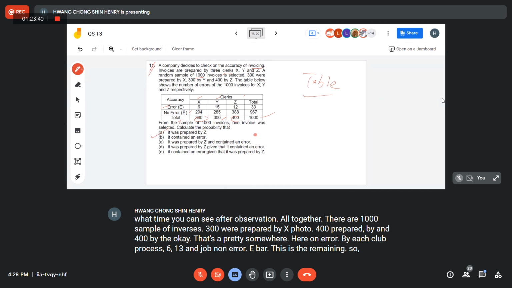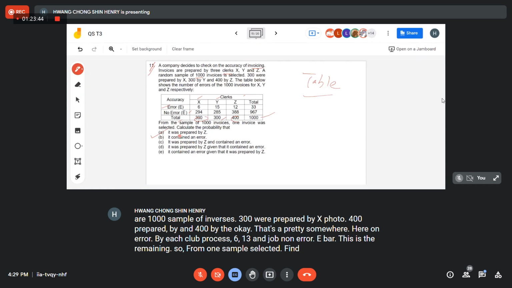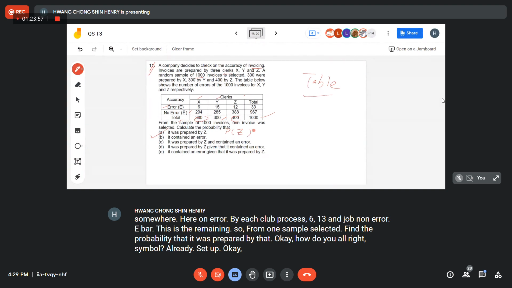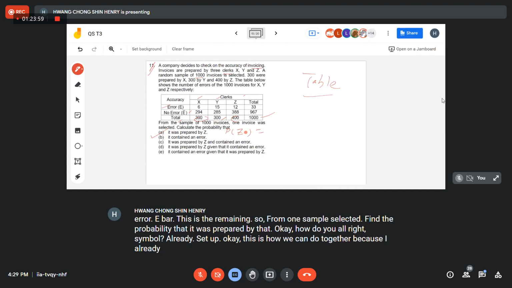From one sample selected, find the probability that it was prepared by Z. How do you write the symbol? Probability of Z. This one we can do together. Now P(Z), it never mentioned whether there was error or no error.